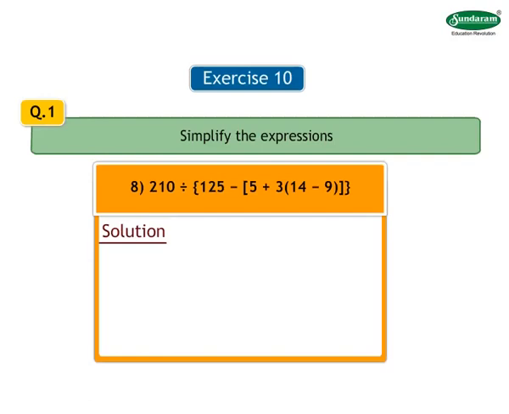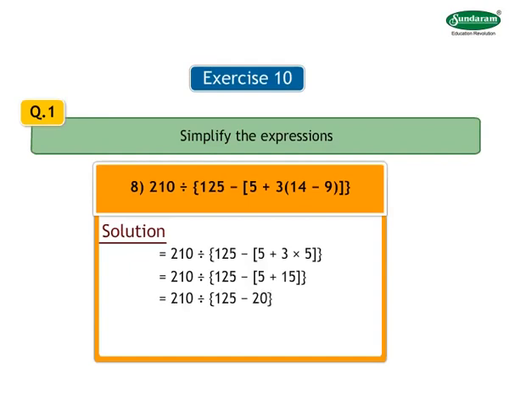Solution. 210 divided by {125 minus [5 plus 3 into 5]} equals 210 divided by {125 minus [5 plus 15]} equals 210 divided by {125 minus 20} equals 210 divided by 105 equals 2.